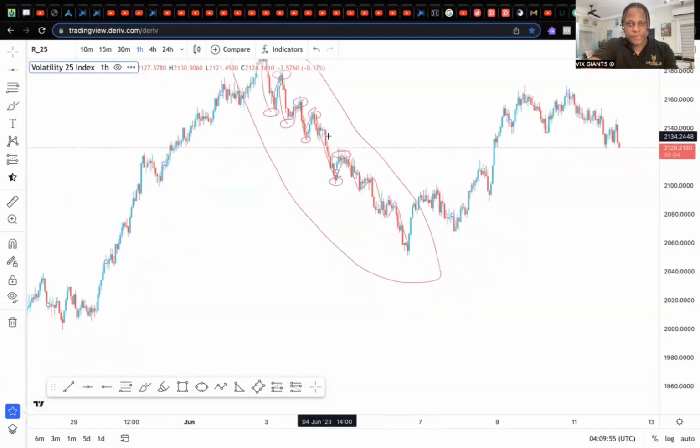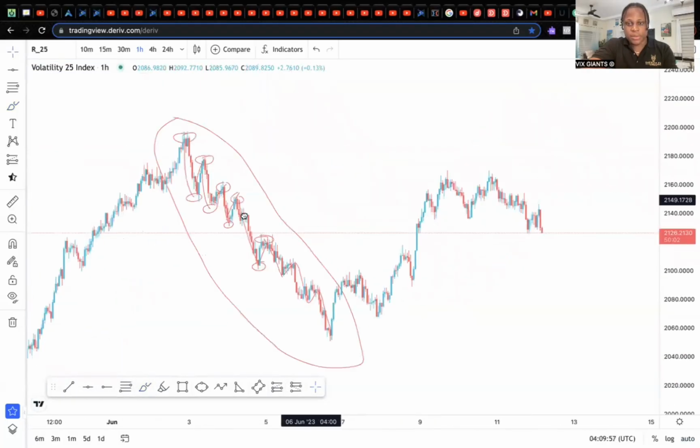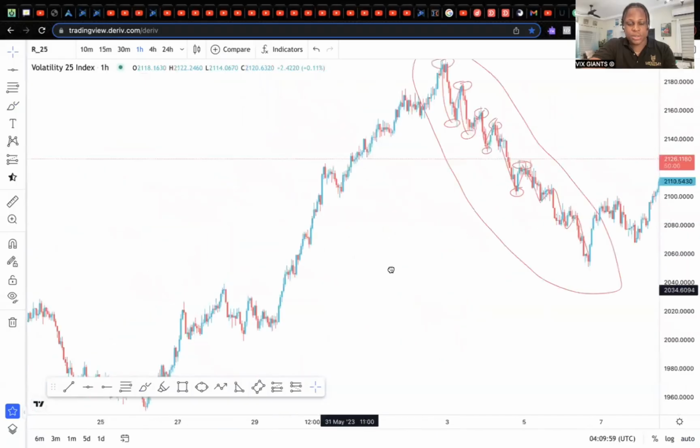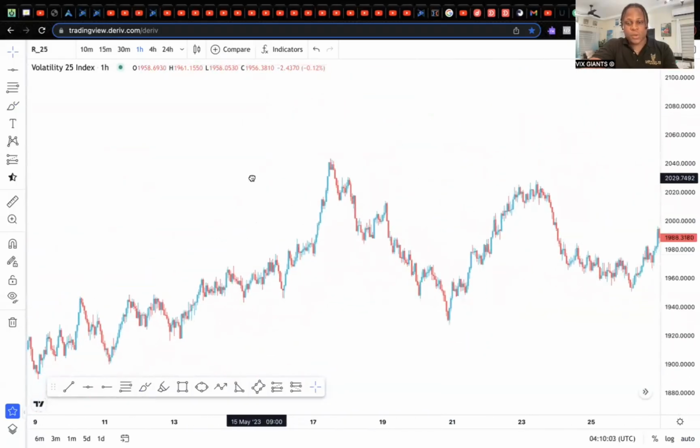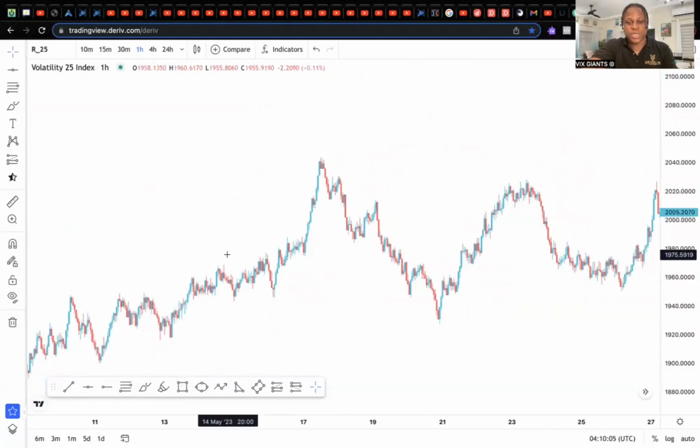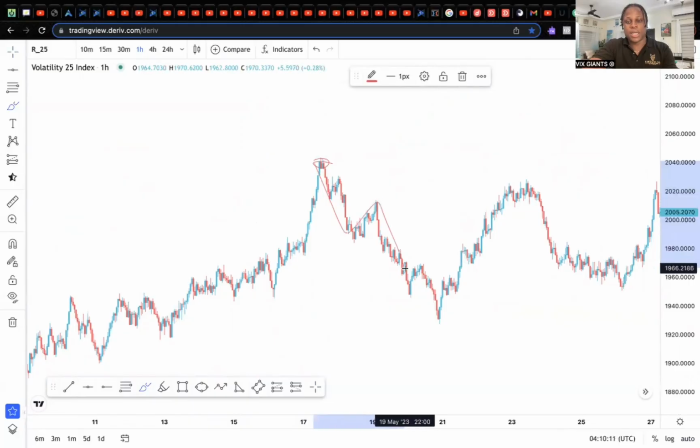So let's see if we can spot a few more examples of a downtrend. If we look right here, downtrending movement, pretty much the same concept: market pushing down, lower low, lower high, lower low, lower high. All right.